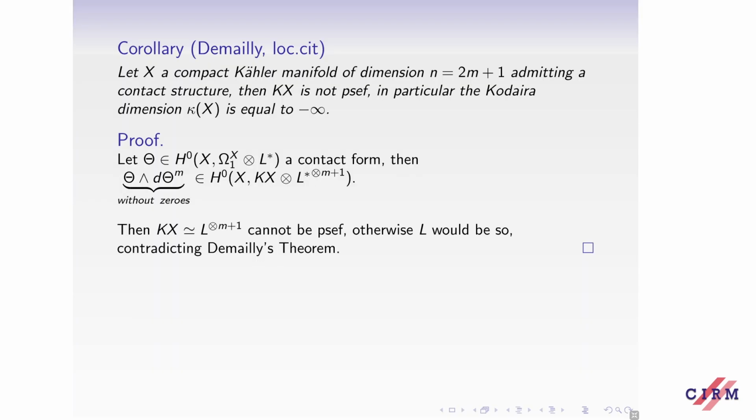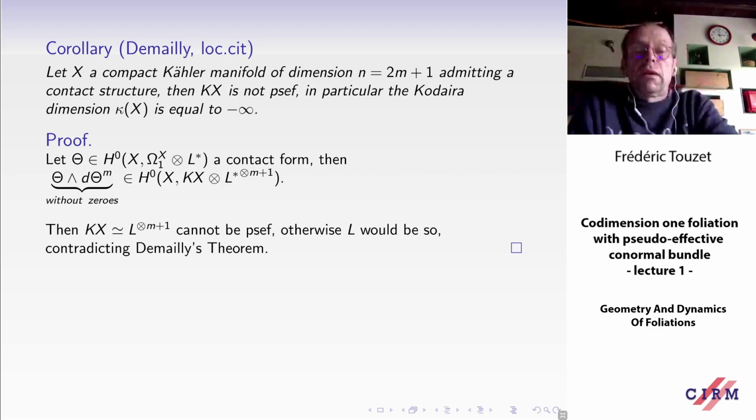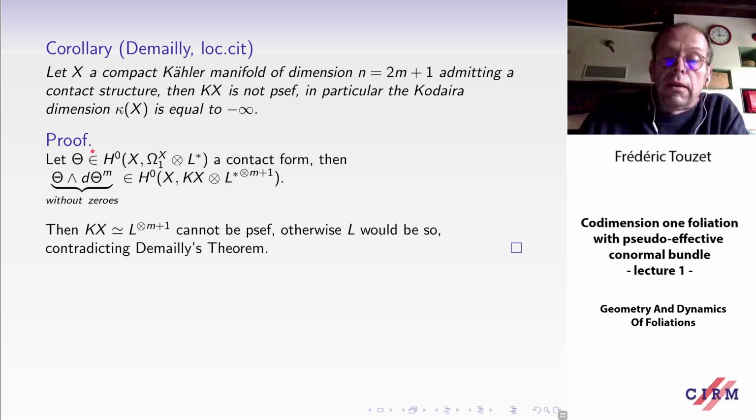And how to prove this corollary? It's very simple, as I said. So consider a contact form theta. From the contact structure, one inherits a form of top degree, twisted by L star to the power n plus 1.